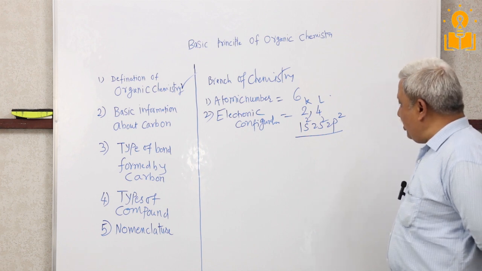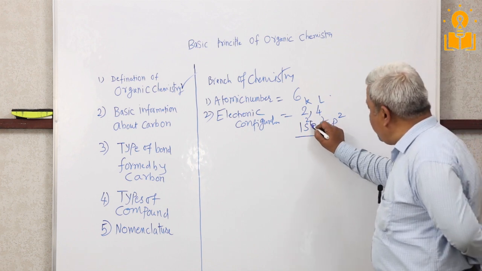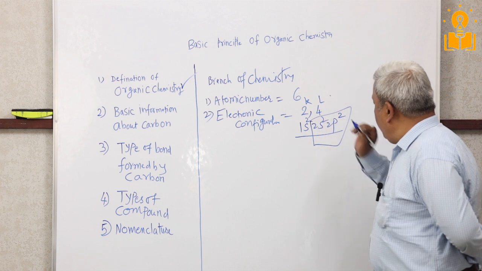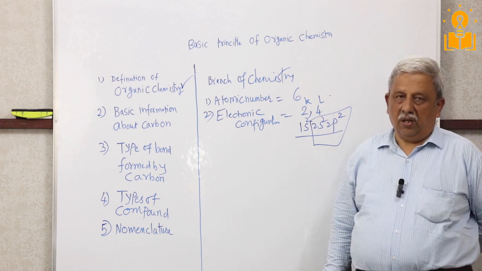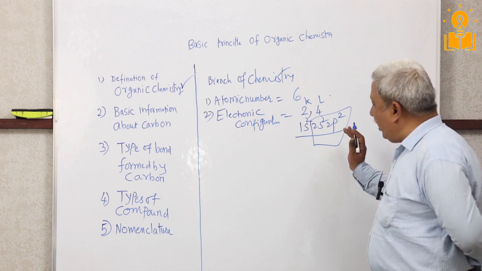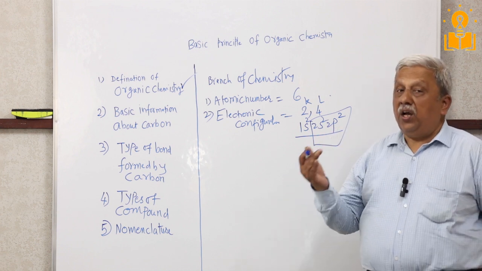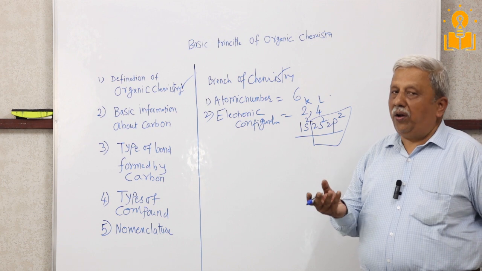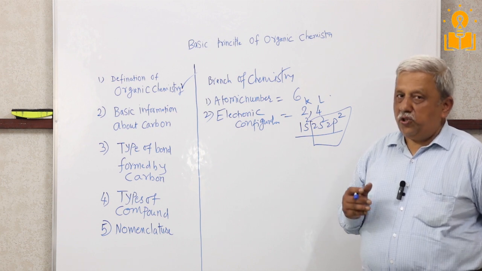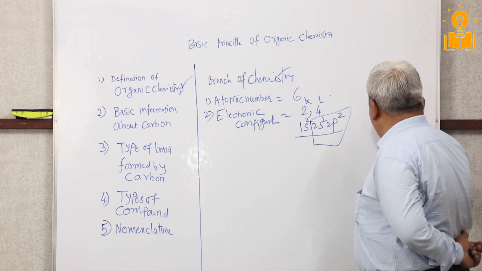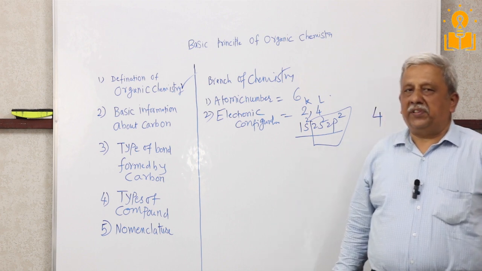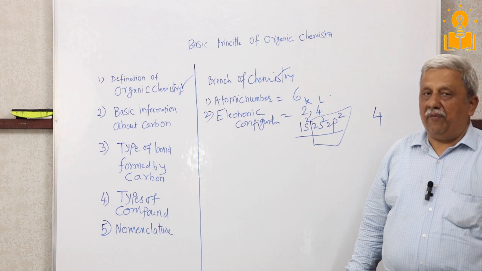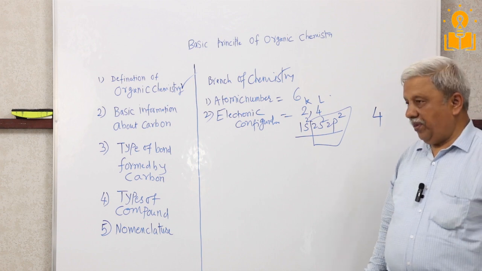When we say this, we can see in the last shell there are 4 electrons. These 4 electrons can be exchanged or given out or accepted. So that means its valency is 4. All the saturated carbon compounds have valency 4.